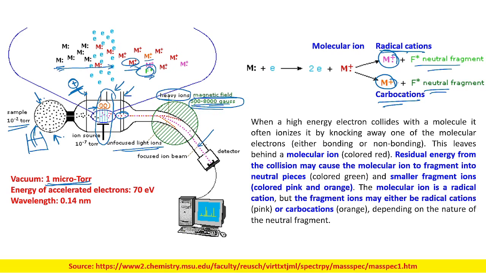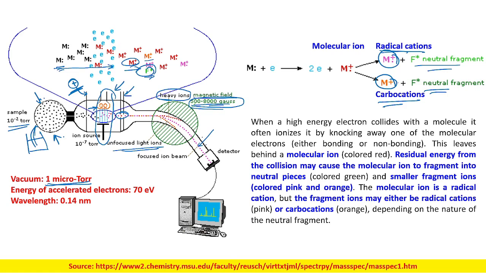However, if the cations have higher mass, they follow a larger radius, strike the wall of this analyzer, and are lost. Similarly, if they have smaller mass, what will happen? They are collected or lost on the other side of the analyzer.